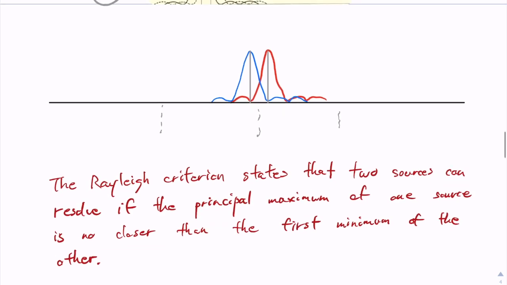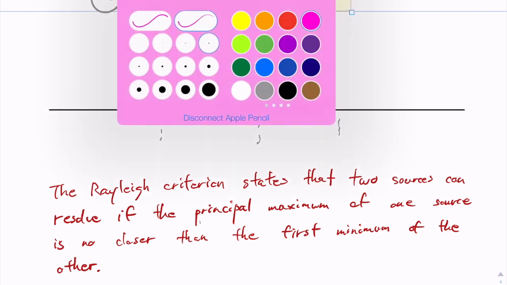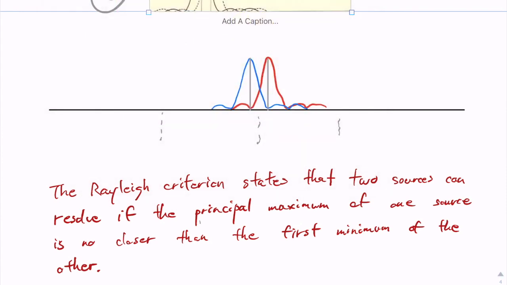So if we look one more time at Rayleigh's criteria, it states that two sources can resolve if the principal maxima, so actually let me just use a different color. I'm going to use purple. If the principal maxima, so that's this purple line right here, of one source is no closer than the first minimum of the other.